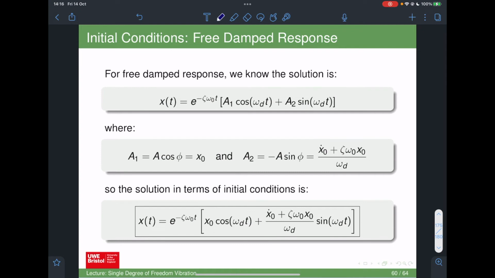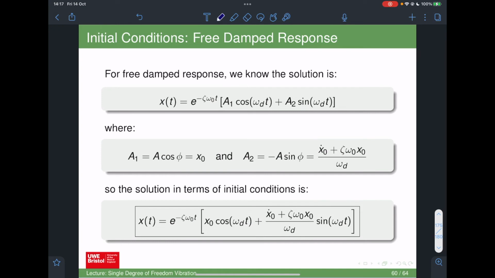So instead of having to go through and find a and alpha, depending on the velocity and displacement when time was 0, you go straight to this equation. There's your displacement at time equals 0, and there's your velocity at time equals 0. Work out what those coefficients are, and there's your answer.